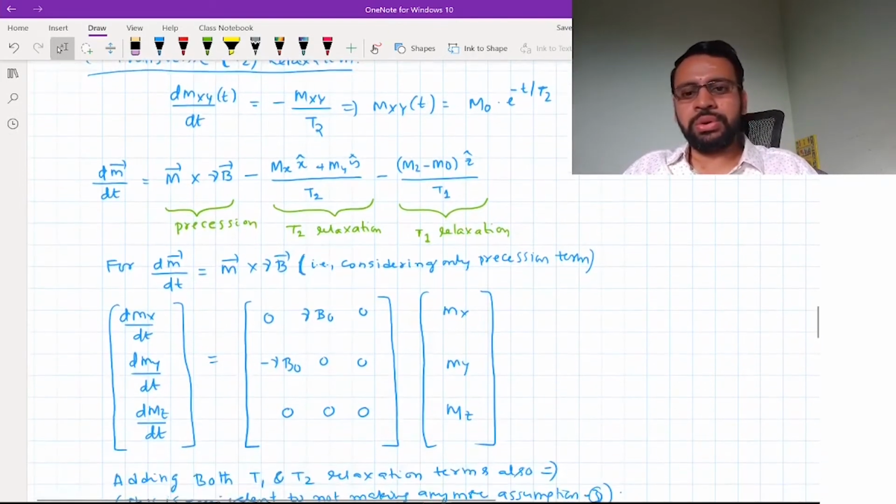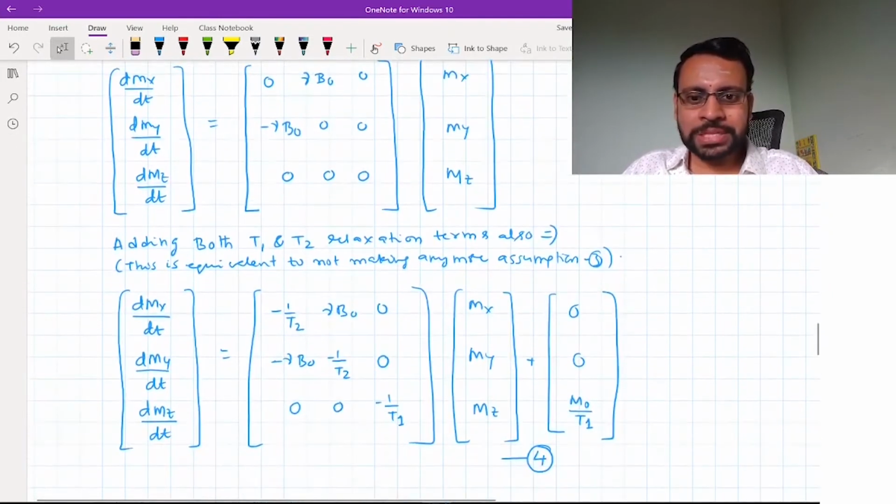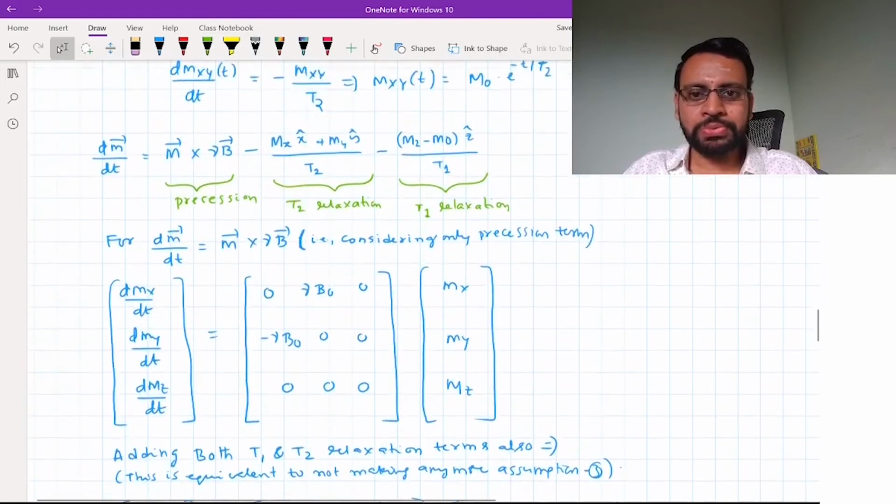Now we want to write expressions for dmx by dt, dmy by dt, dmz by dt. When only this term was there, we did this cross product and wrote this expression. Now you have these two expressions as well along with it, right? Along with this matrix, we need to include this matrix. It is just a linear combination. Additionally, for mx you have minus 1 by T2, so that has been kept here, minus 1 by T2 for mx.